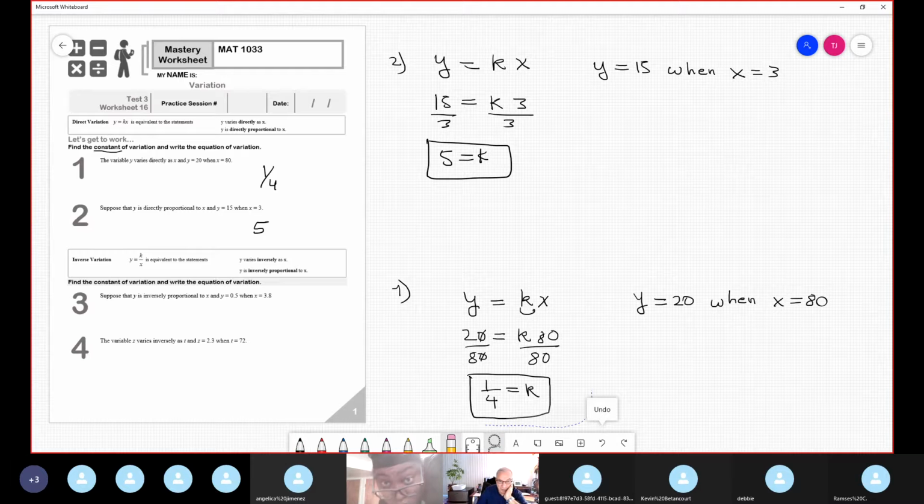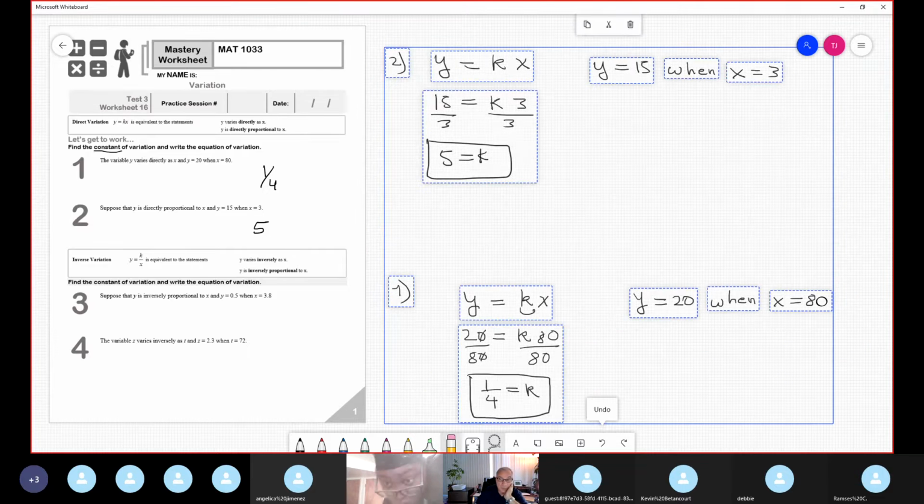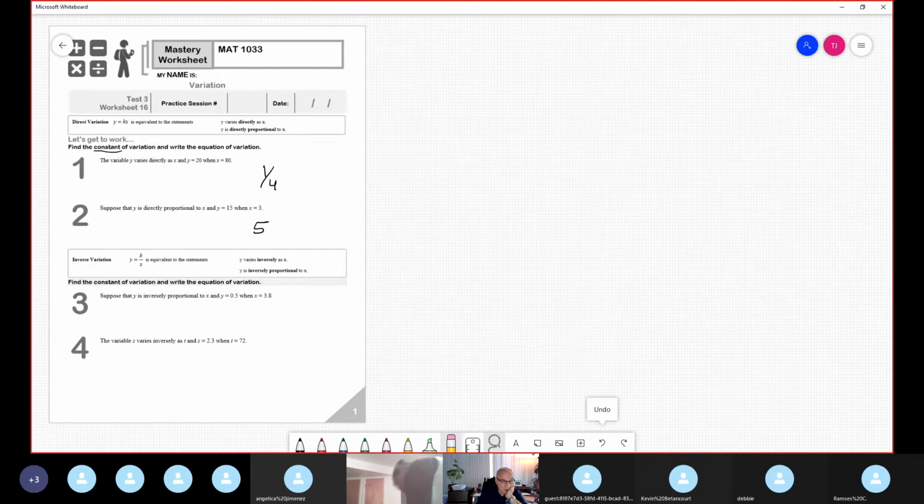Let's move on to 3 and 4, the cases about inversely proportional. Okay. In this case, it's the same. You need to find the constant. But the formula for inversely proportional is y, for example, is the constant divided by x. So now y is equal to 0.5 when x is 3.8. Well, it's a decimal, but don't worry about the decimal because you use the calculator, no?